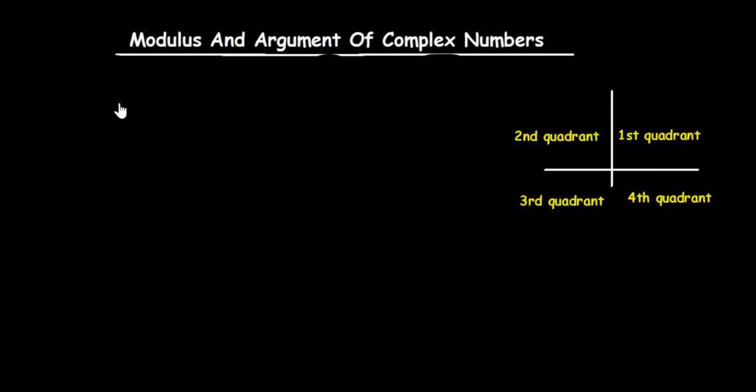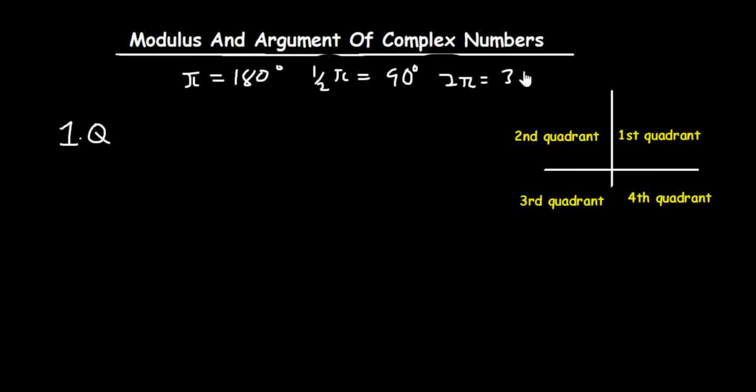So for the first quadrant, we know that pi equals 180, so therefore 1 over 2 pi equals 90 degrees, and 2 pi will equal 360 degrees. So let's have this in mind.